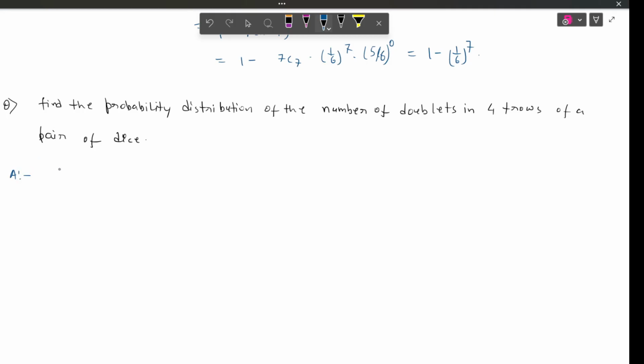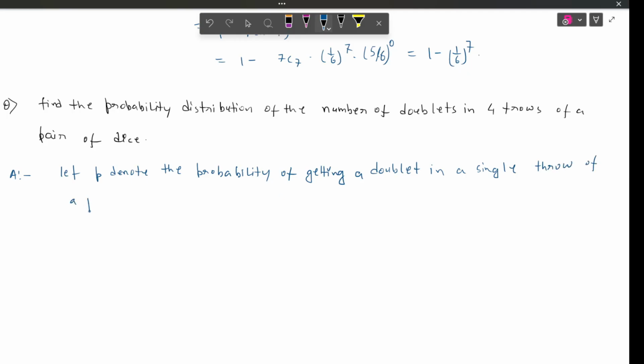So let us say that let P denote the probability of getting a doublet in a single throw of a pair of dice.